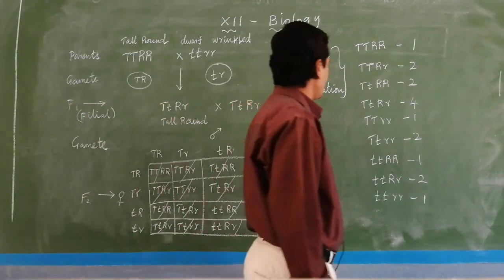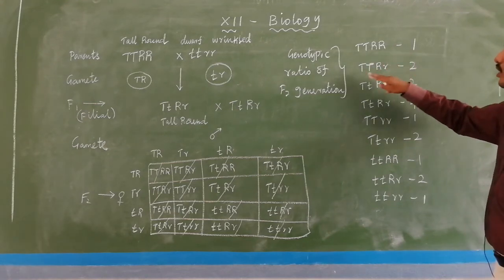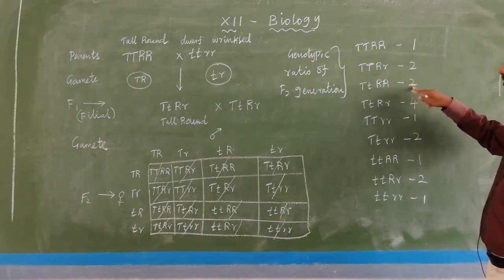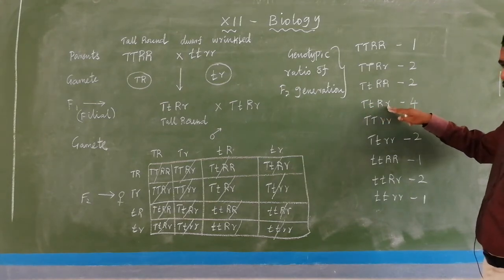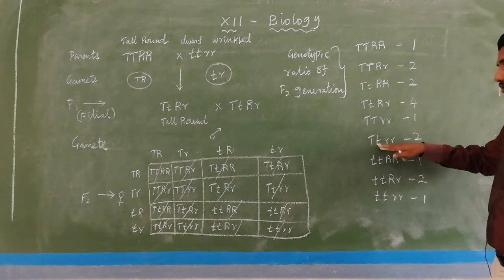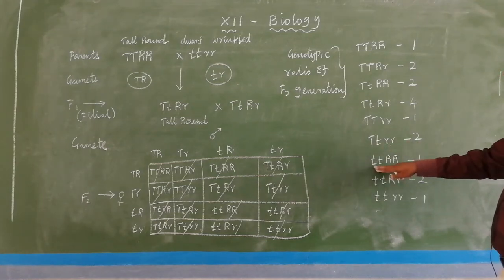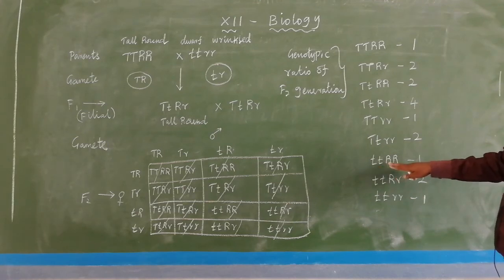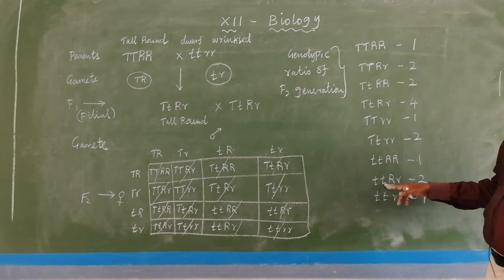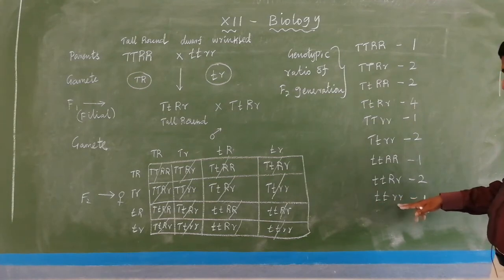So, this is the genotypic ratio of F2 generation. Homozygous tall, homozygous round 1, homozygous tall, heterozygous round 2, and heterozygous tall, homozygous round is 2, heterozygous tall, heterozygous round is 4, and homozygous tall, homozygous ringled is 1, and heterozygous tall and homozygous ringled is 2, homozygous dwarf, small t means dwarf, and homozygous round, dwarf and round is 1, homozygous dwarf and heterozygous round is 2, and here homozygous dwarf, homozygous ringled 1.